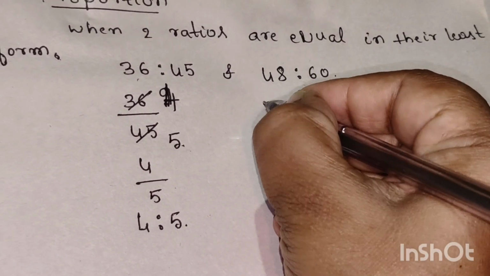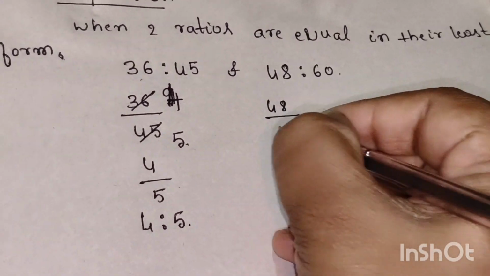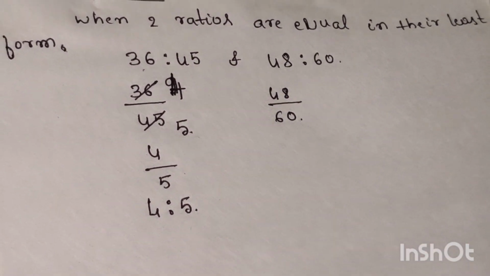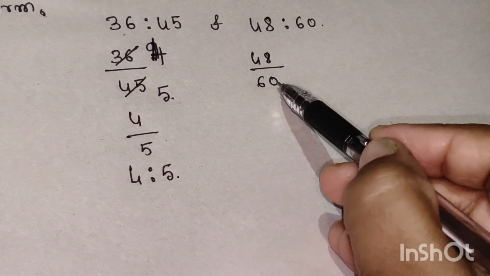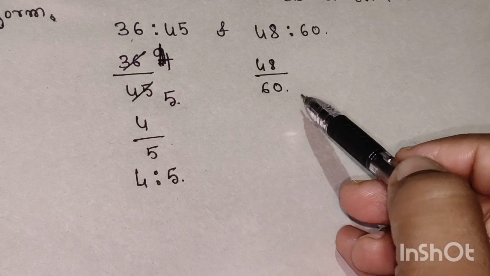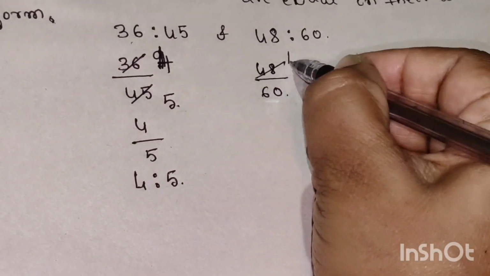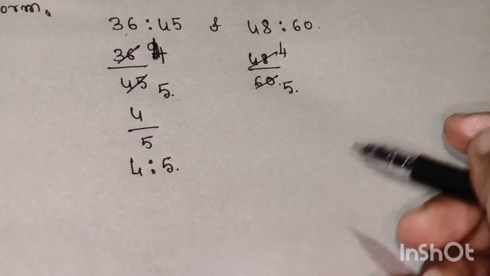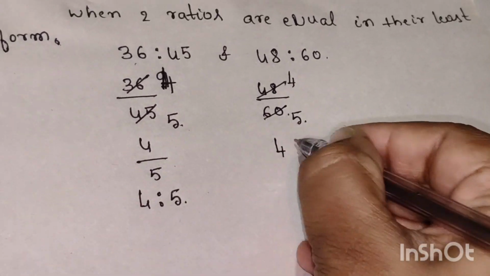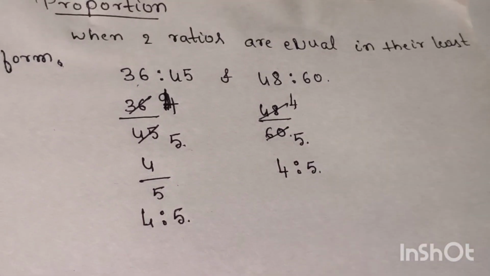This ratio is also written in the form 48 by 60. These numbers are cancelled in the 12 table. 12 fours are 48, 12 fives are 60. So this is also 4 is to 5.